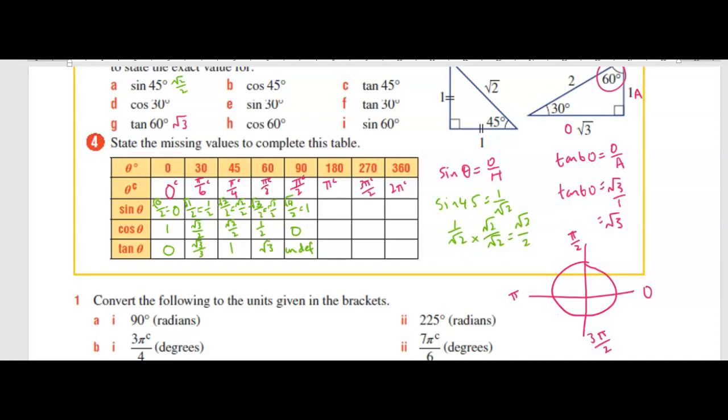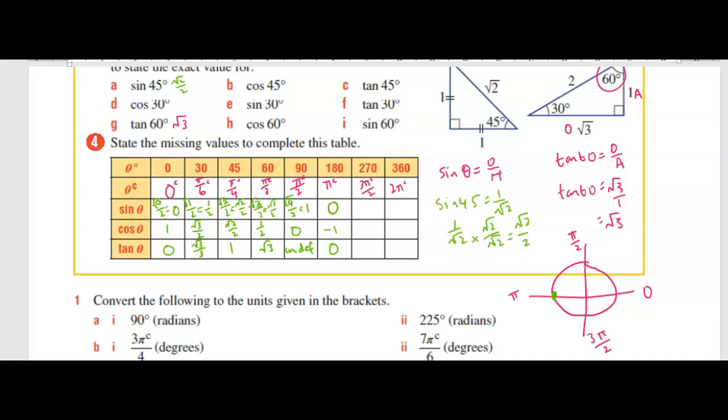Remember that sine is your y and cos is your x. So if we're at 180 or pi, your x coordinate is -1, which is cos, and your y is 0. And then for tan, 0 divided by -1 is just 0.